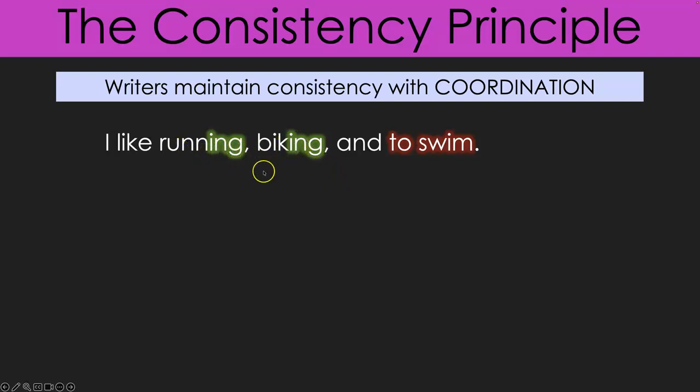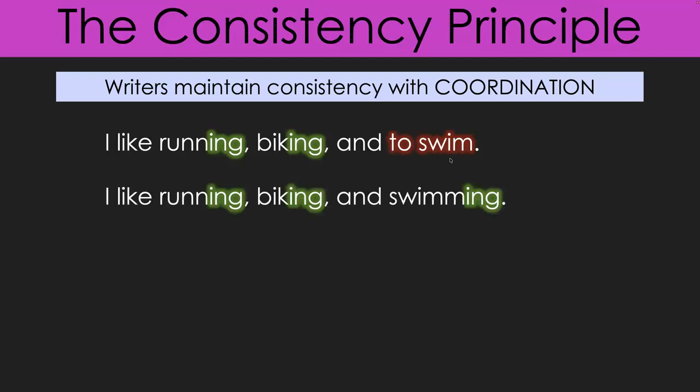They are verbs that end in ing, which makes them present progressive. And then we have to swim. We could say swimming, but we don't. We break the flow of this. It doesn't seem like that big of a deal, but it just doesn't sound as good, to be honest. If we say, I like running, biking, and swimming, it maintains a flow that helps us as we read through it.